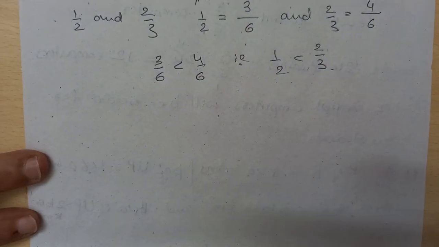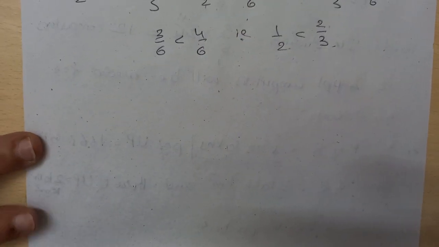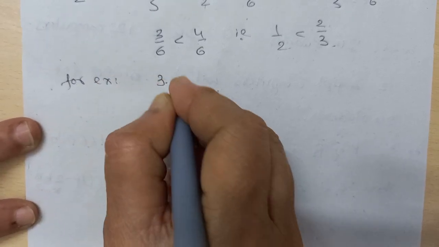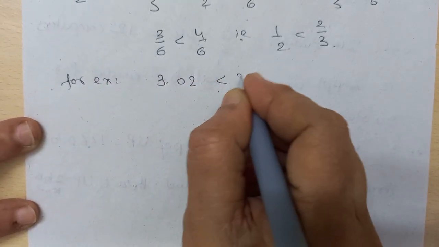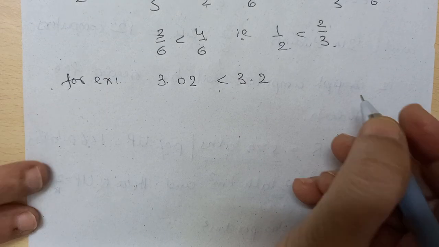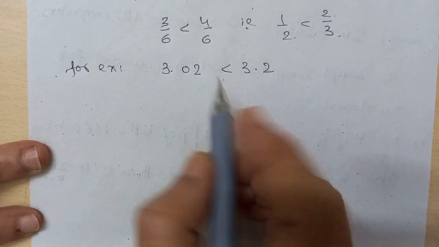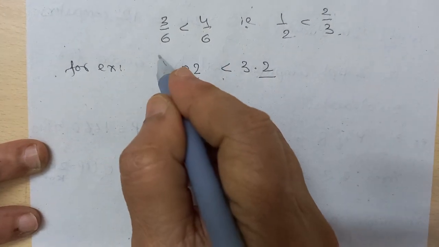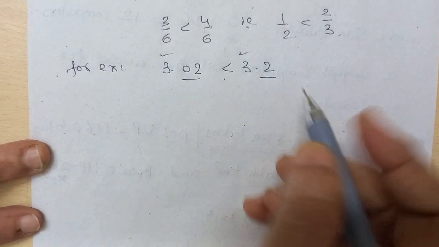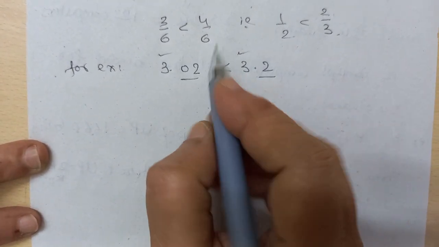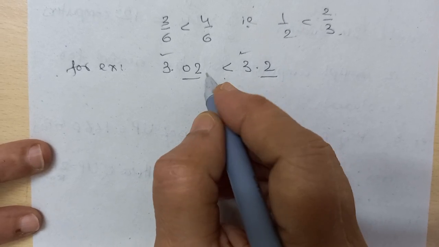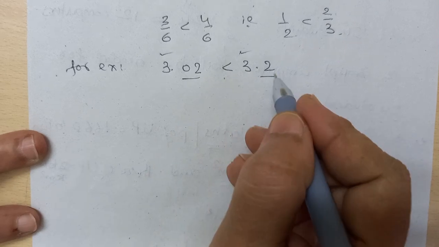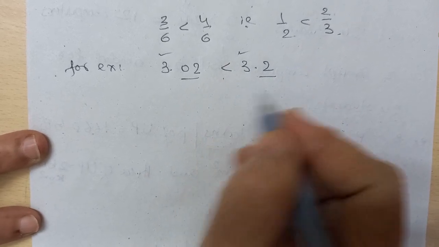Decimals are compared again by considering place values. For example, 3.02 is less than 3.2. Here we make the decimal places equal. The whole part is equal. Even though it looks like the decimal part is the same, 2, 2, the places of these digits are not the same.